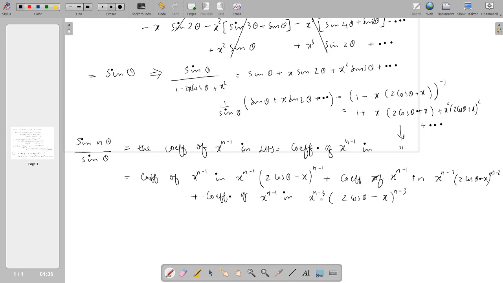Clear? So in order to get the coefficient of x raised to n minus 1 from this, we need to collect the coefficient of x square from this bracket, from the expansion of this bracket with the power n minus 3. Then when we multiply with this x raised to n minus 1, you will get x raised to n. Multiply with x raised to n minus 3, you will get x raised to n minus 1. So plus etc. So we collect the coefficient from each of these terms.